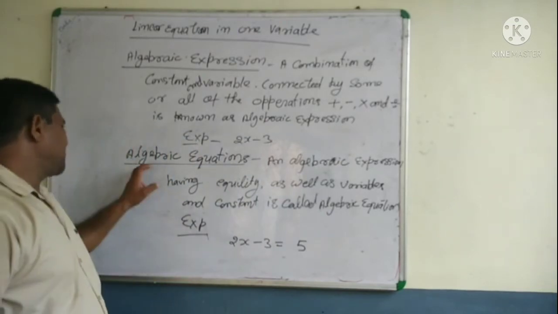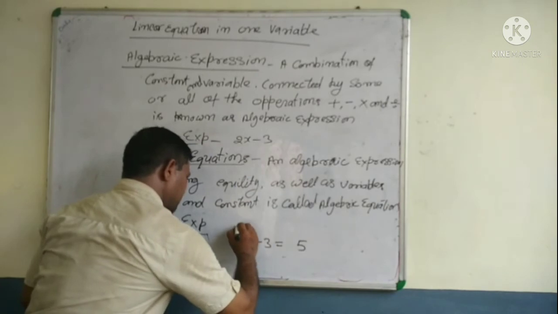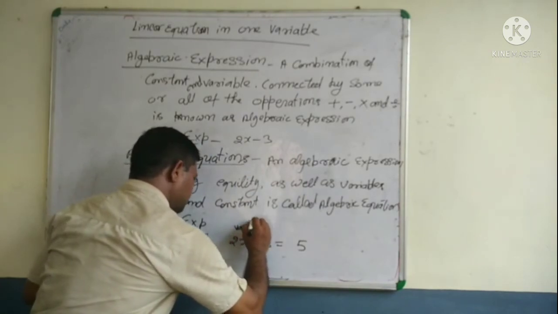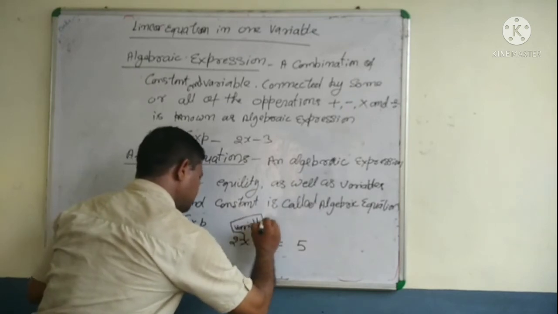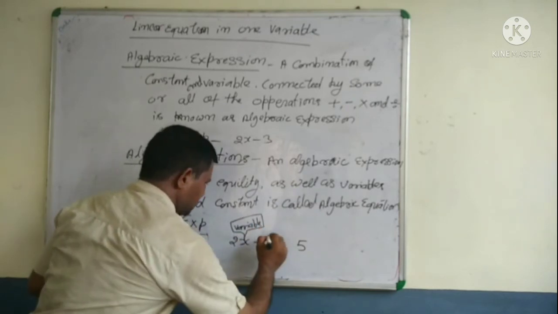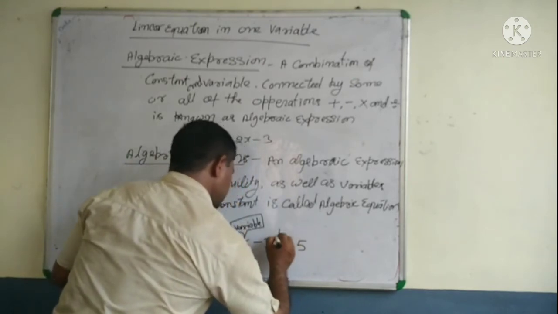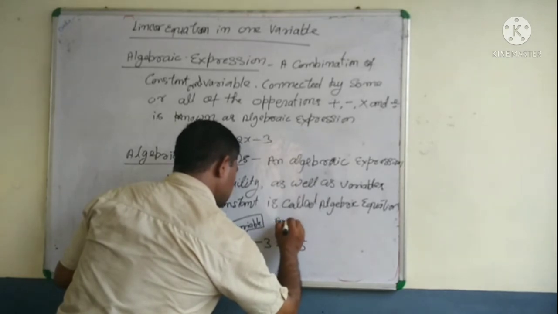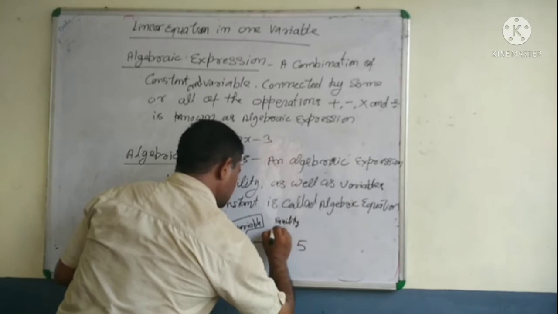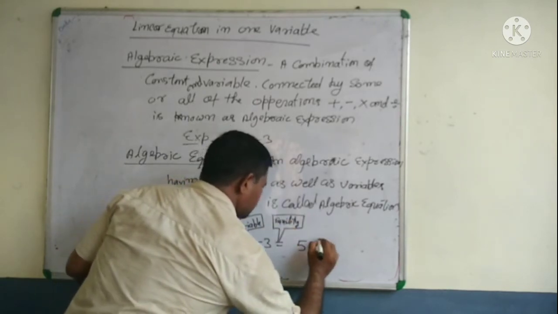It is an example of an algebraic equation. Here x is the variable term, this is the equality, and this is the constant.